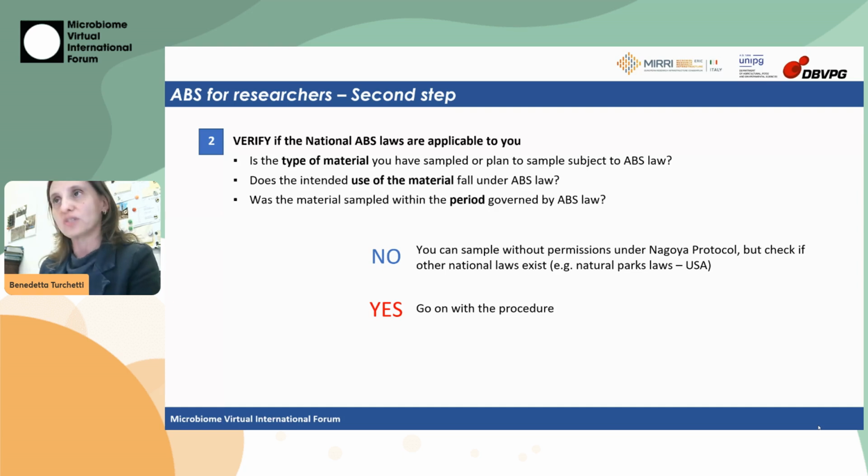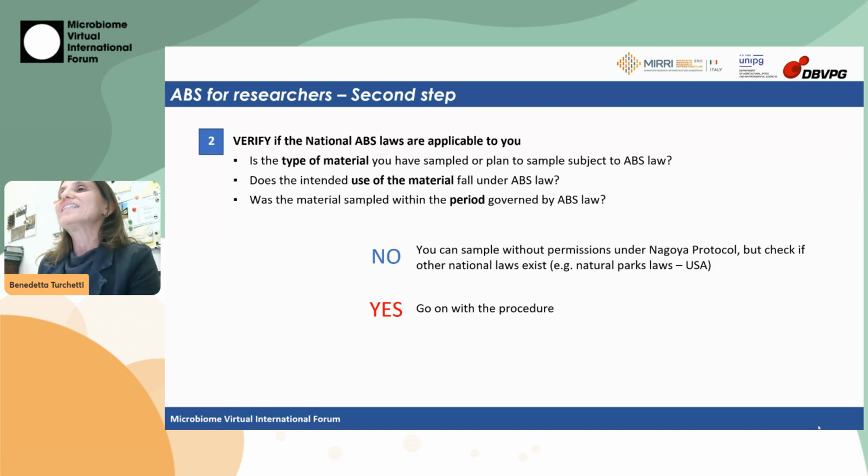You can ask yourself the following question: is the type of materials you have sampled or plan to sample subject to ABS law? Because different countries have different ABS laws, the materials can be under the laws or not.